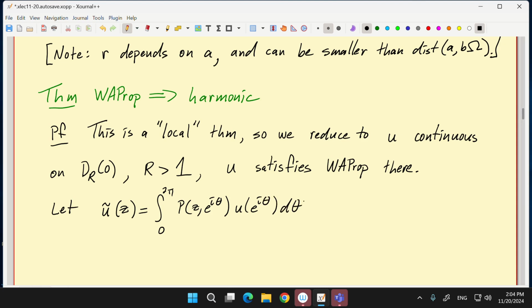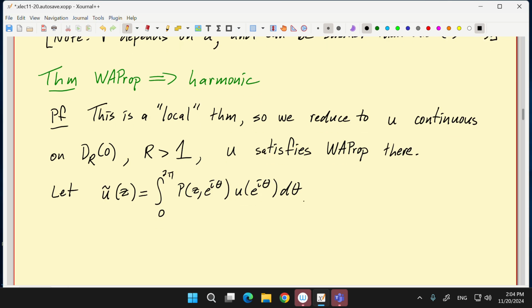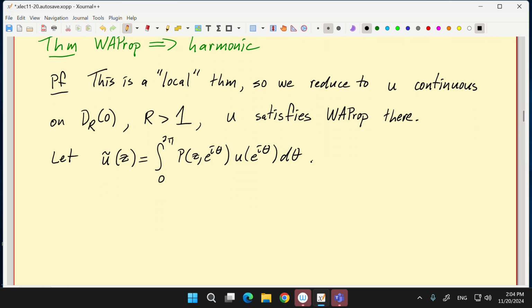Well, u is continuous, so we know that that solves the Dirichlet problem. So we know that u twiddle equals u on the unit circle, and u twiddle is harmonic in the unit disk. So of course I want to show that u twiddle equals u.